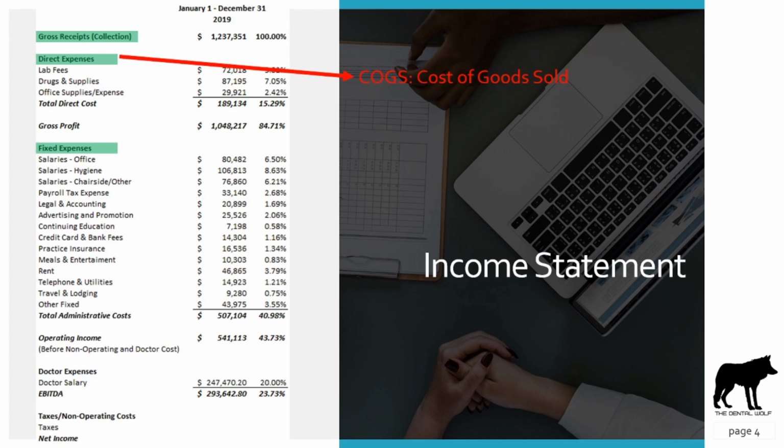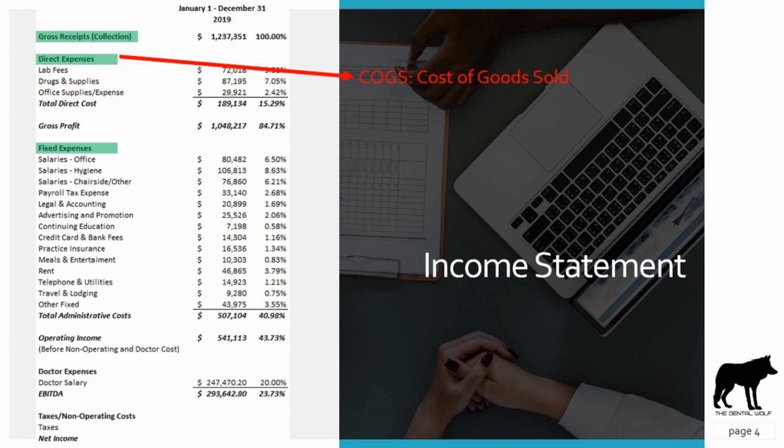That's going to include everything between lab fees to office supplies, your anesthetic, basically everything that went into making the service possible from a material standpoint. If you think about it this way, let's say you have a hot dog stand and you're selling hot dogs. Well, the direct expense of a hot dog is going to be the cost of the bun and the dog and any toppings or whatever that you put on it.